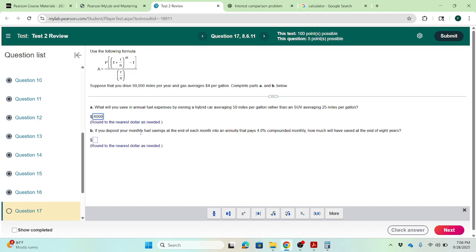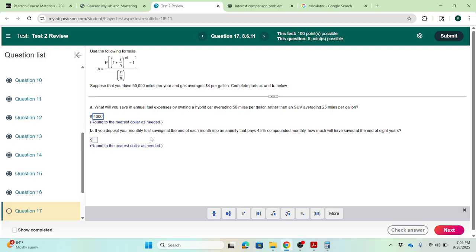If you deposit your monthly fuel saving at the end of each month into an annuity that pays 4.8% compounded monthly, how much will you have saved at the end of 8 years? Okay, how much is the saving per year? Annually we save 4,000 bucks.